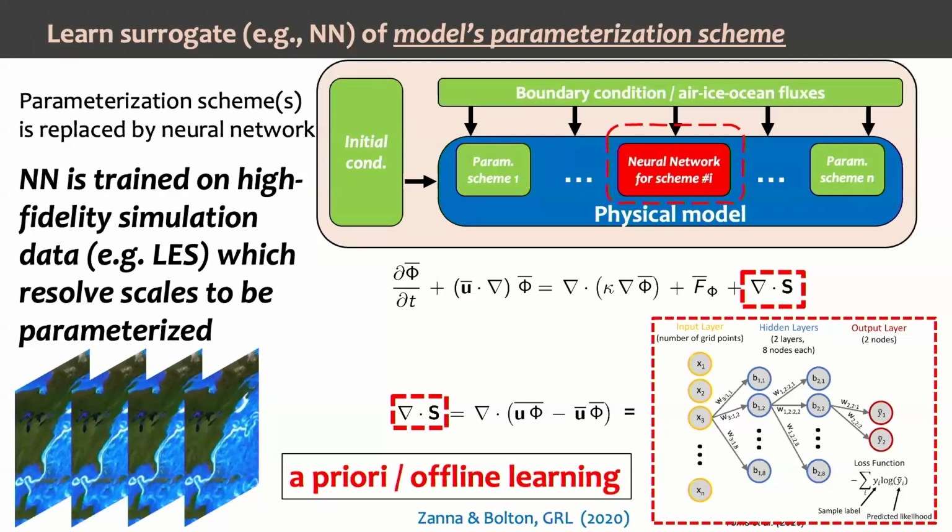We train the neural network on these simulated data, and then we plug those trained neural networks back into the model. This is sometimes called offline learning or a priori learning.